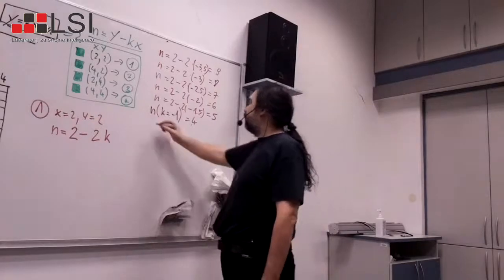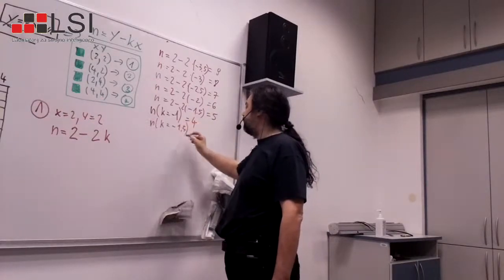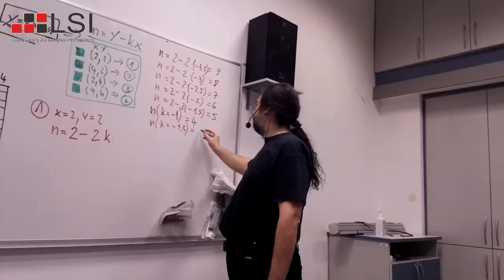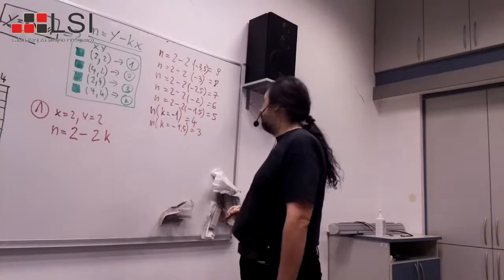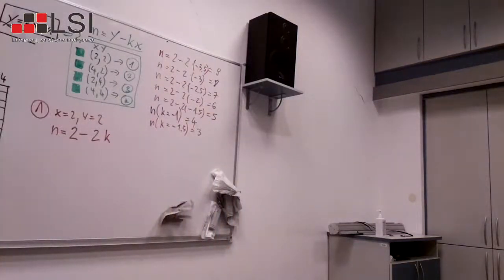Yeah, it will be 4, and N of K at minus 1.5 will be then probably 3, and so on. So I can go here and just fill the accumulator like this. If I didn't make any mistake, I will just fill the accumulator here.